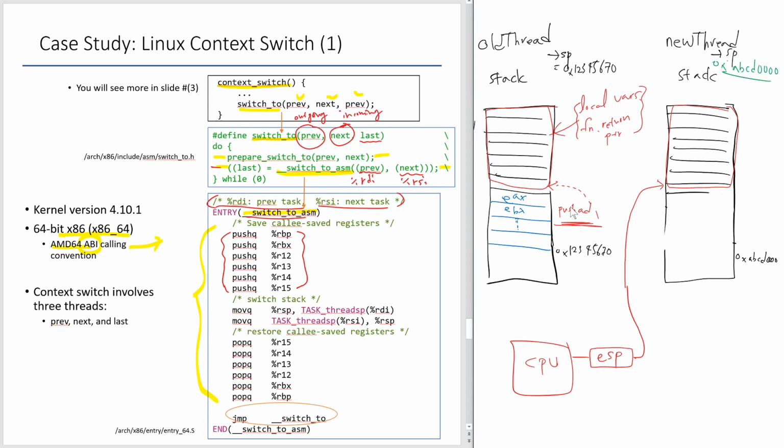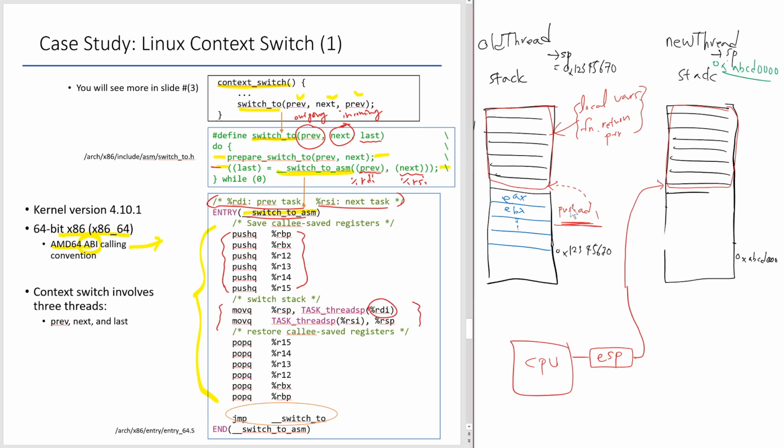And second of all, you don't have to save all the registers, because some of the registers are already saved by the calling convention. Certain registers get saved by the caller. You only need to save, in this case, the registers that haven't been saved yet. So you save all these callee-saved registers, and then you have this critical moment.